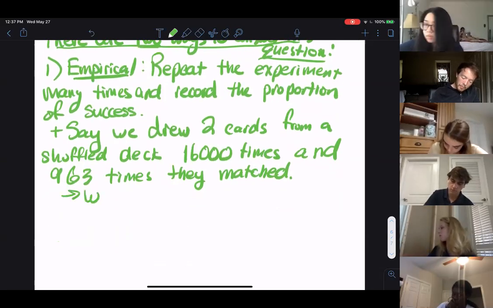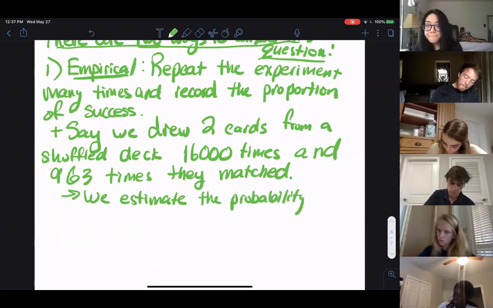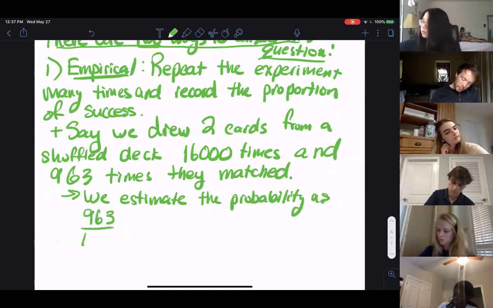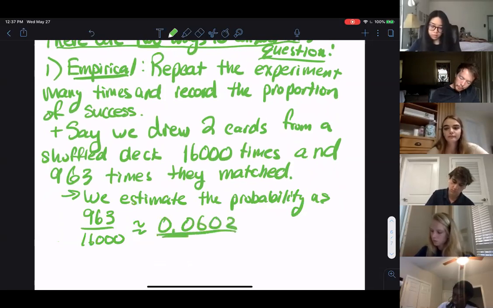This happened, we would estimate the probability as 963 out of the total 16,000, which is approximately 0.0602.